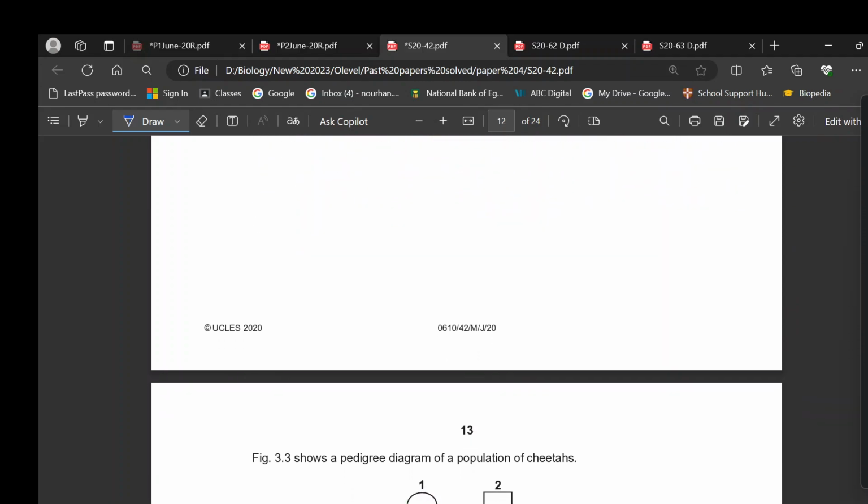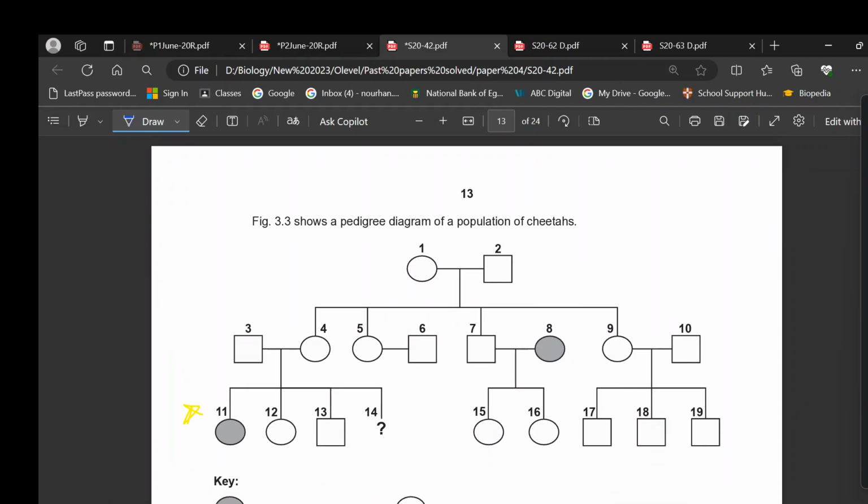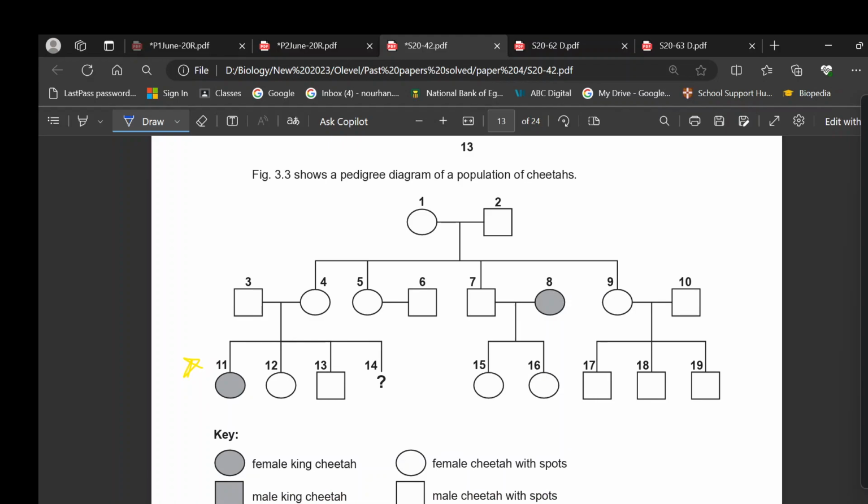Then he asked you, the figure shows the pedigree of the population. All the whites are normal cheetahs with spots. The gray is a king cheetah. From this pedigree, do you think the inheritance of the king allele is dominant or recessive?